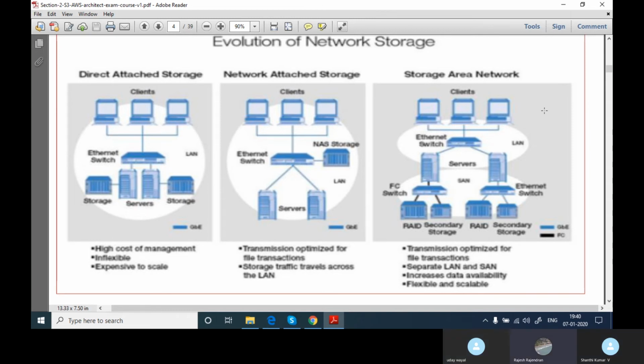When we were studying during that time, institutions used DAS only. They wouldn't go with NAS. These are all related to minis and mainframes concepts. Later on, when network topology increased, they came with NAS storage. After DAS there was NAS, and after NAS there was SAN.